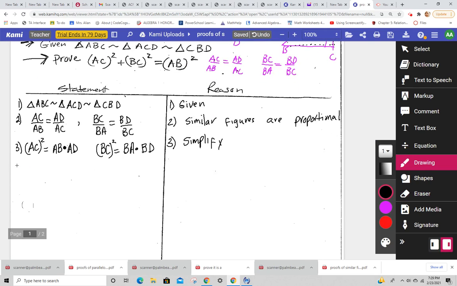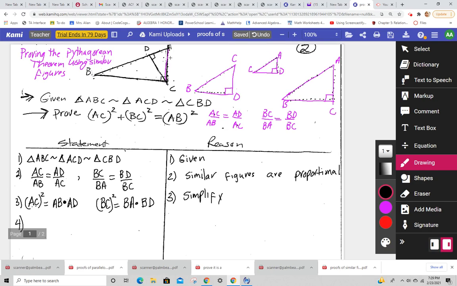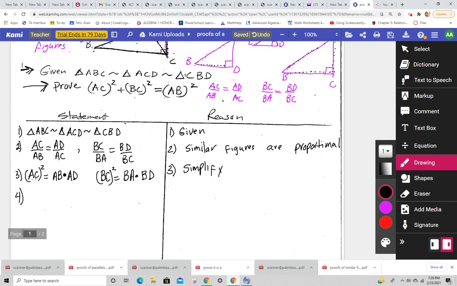The next thing I'm going to do is add this segment plus this segment, because these are the segments of the triangle. AC is one leg, and BC is the other leg. I'm just going to add those legs. So AC squared, one leg squared, plus the other leg squared, is going to be equal to the sum of this plus this, because we took this and added it to this.